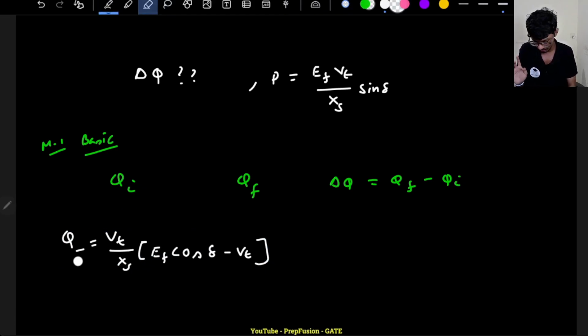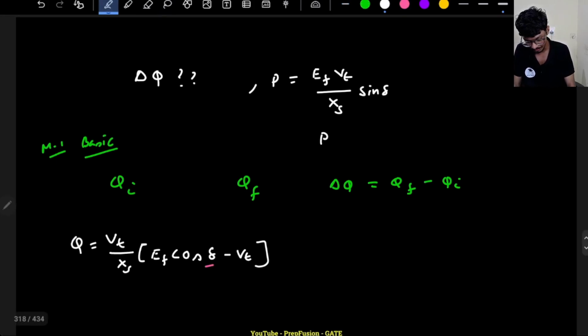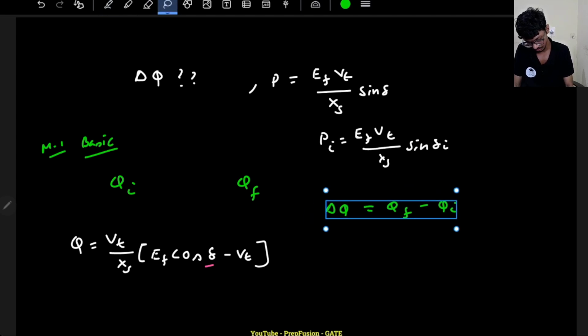So this was the formula for reactive power. For that I need to find delta. I will find delta from the initial power: Pi equals Ef Vt divided by Xs times sine of delta I, the initial load angle.